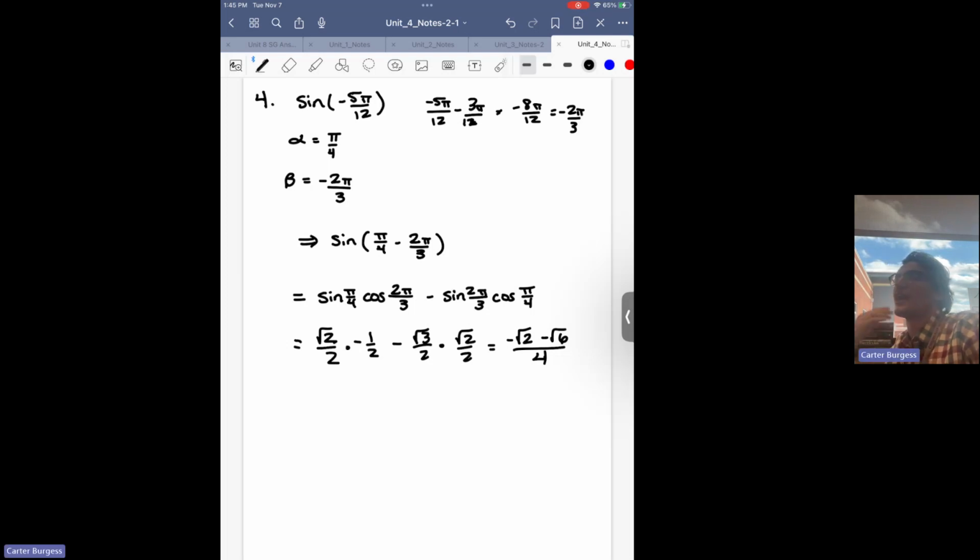Because if we set alpha to be pi over 4, the equation that you get is that pi over 4 plus beta is equal to negative 5 pi over 12, subtracting pi over 4 on both sides in order to solve for beta. Yeah. Good question. Other questions here?